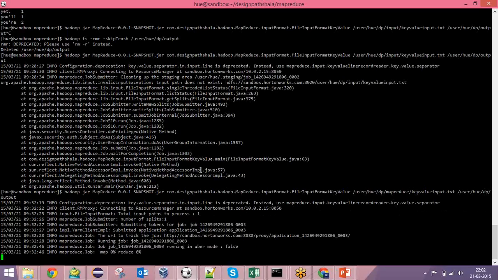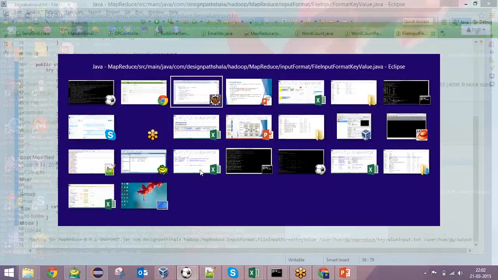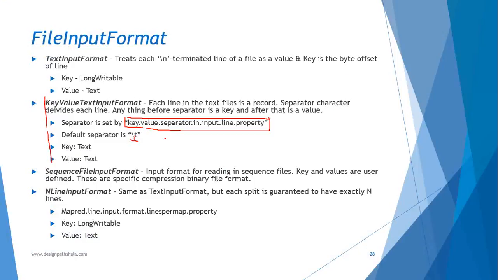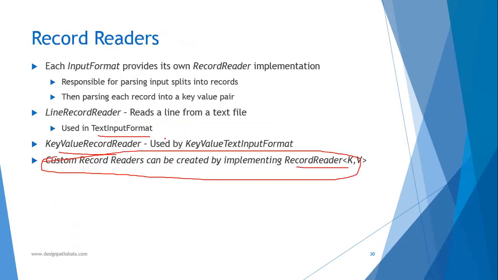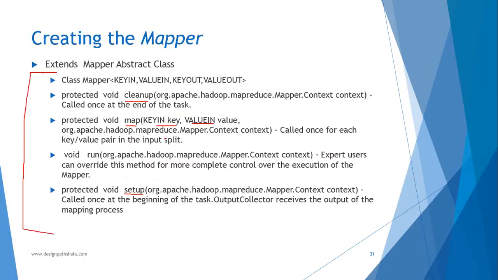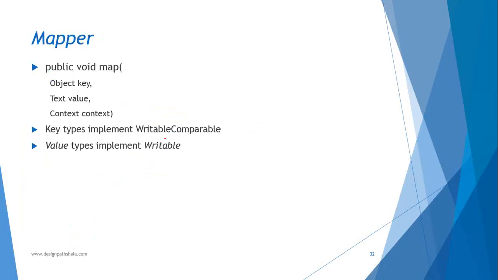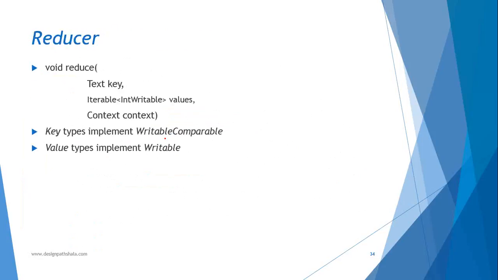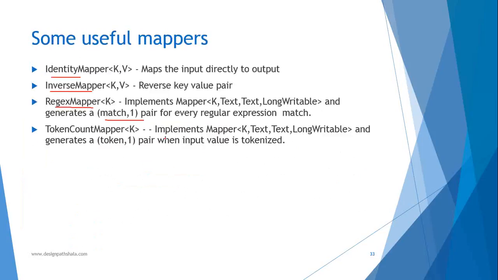Let's look into some other things. So it makes sense what the file input format is and how it helps you read the data in different fashions. You can definitely create your own, and similarly you can create your own record readers also. And you can use the default mappers also.